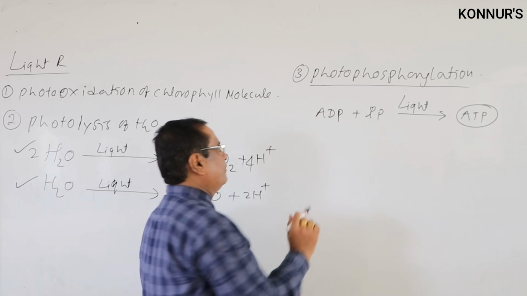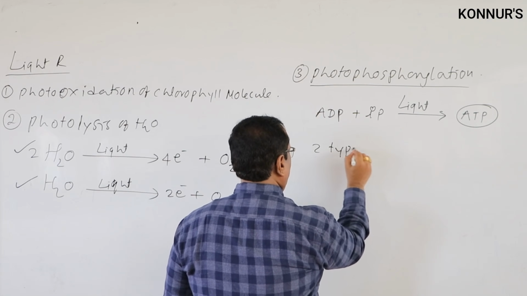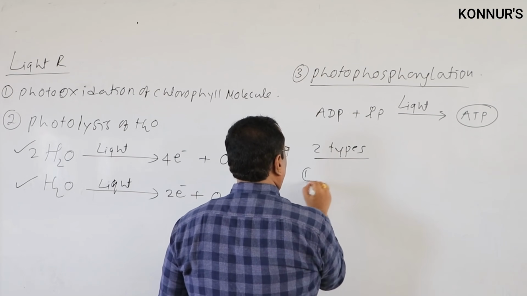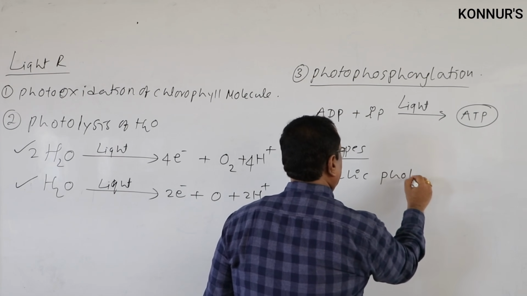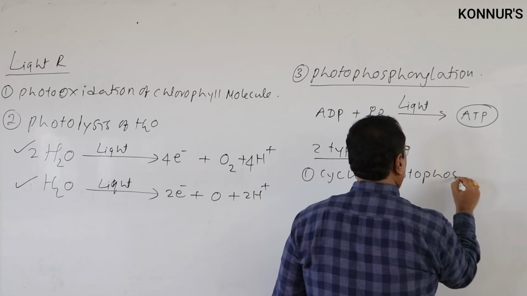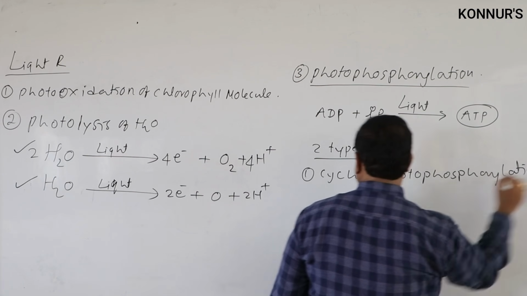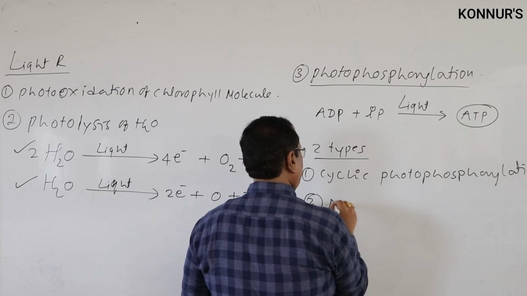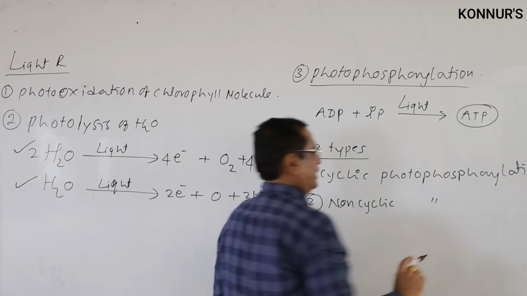And we have two types of photophosphorylation. First one, cyclic photophosphorylation, and second one, non-cyclic photophosphorylation.